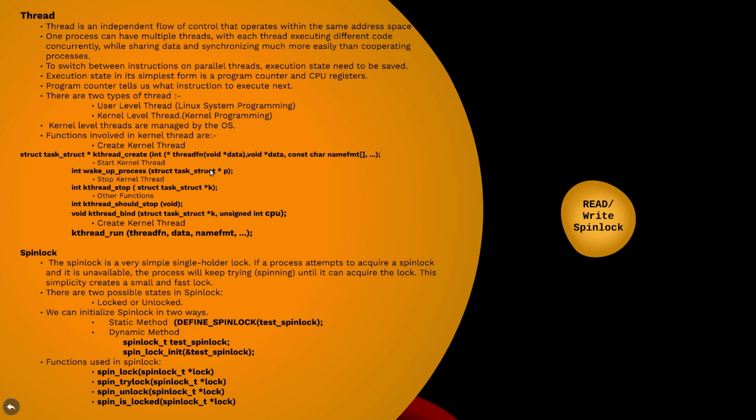Kernel level threads are managed by the OS, and the functions involved in kernel threads are kthread_create, wake_up_process, kthread_stop, kthread_should_stop, and kthread_run. kthread_create is basically used for creating the kernel thread, in which we pass the arguments: a thread function, the data pointer, and a string, the name of that kernel thread. wake_up_process is used for starting the kernel thread.